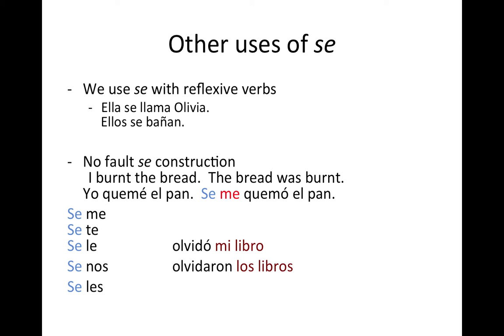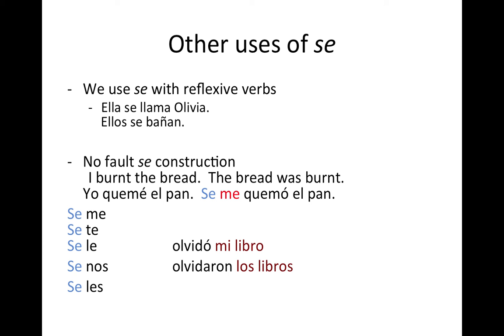So se me, se te, se le, se nos, se les can be used with any of these two sentences. Se me olvidó, se me olvidaron. And the way you pick between the plural and the singular is what's the object or the activity. If the verb olvidó, for example, is followed by a verb, by an activity, you will always use the singular.